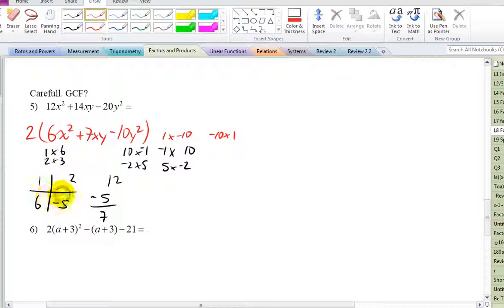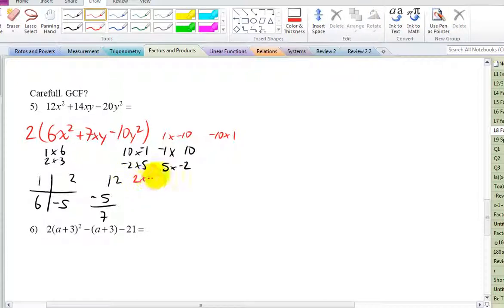But because of the increased complexity, sometimes this larger number can be negative and it'll still work out because you're multiplying different numbers. Okay, so the rule for the simple trinomials does not hold for the harder trinomials, because as you can see here, 5 is larger and yet it's got to be negative.